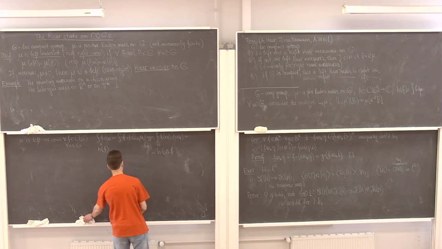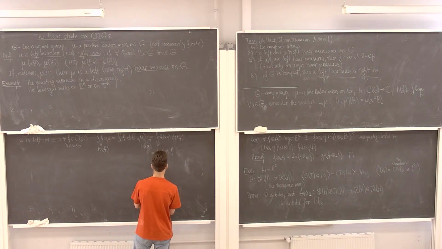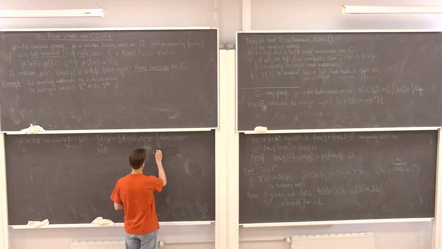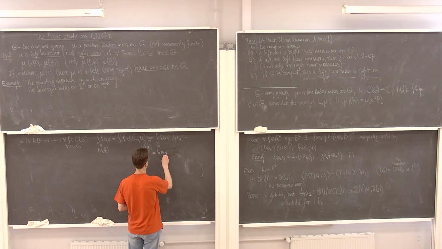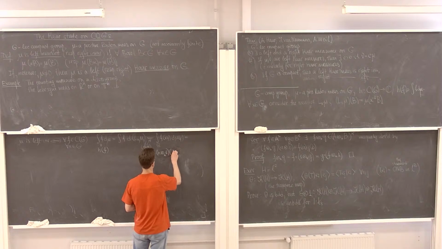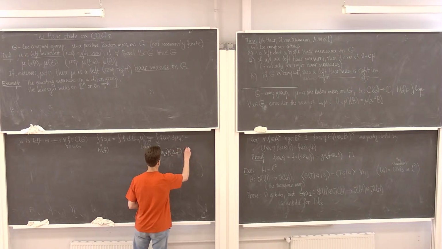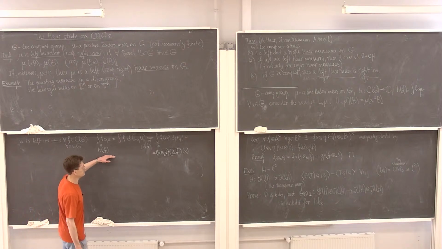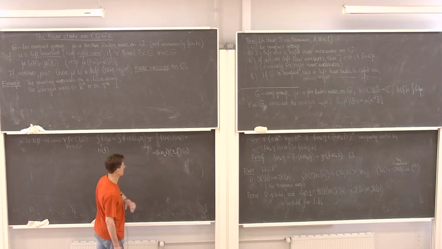Not h. We apply h by the second variable, so this is the slice functional, the slice map h tensor 1 applied to delta f and then evaluated at x. So we come to the following equality. This one is equal to this one.